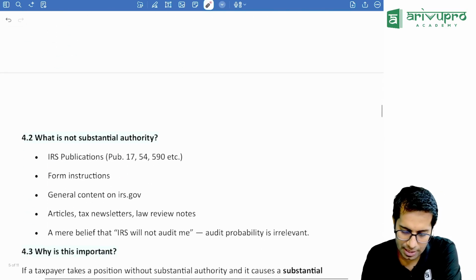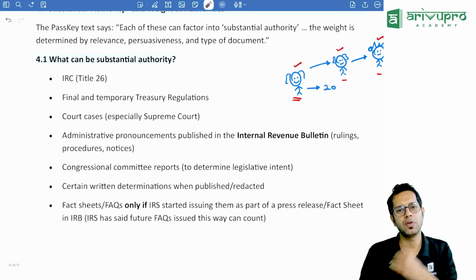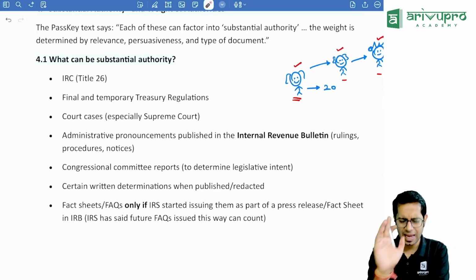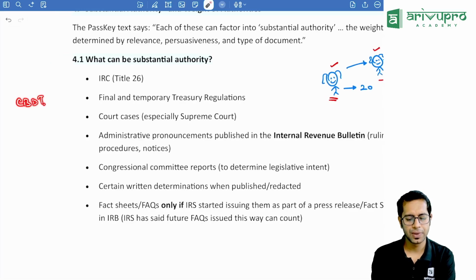Okay, so we are going to study about these points. Now, what is this point telling? We have different types of regulations which can be made. Like for example, as I told you, we have a board called CBDT, the Central Board of Direct Taxes and Customs, Central Board of Direct Taxes, which will issue something called notifications.